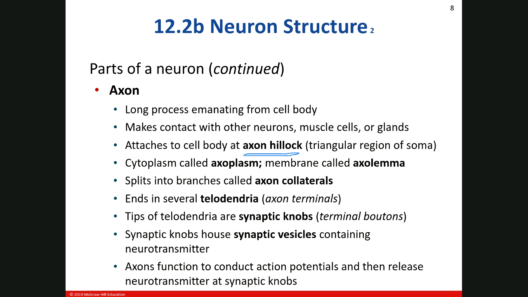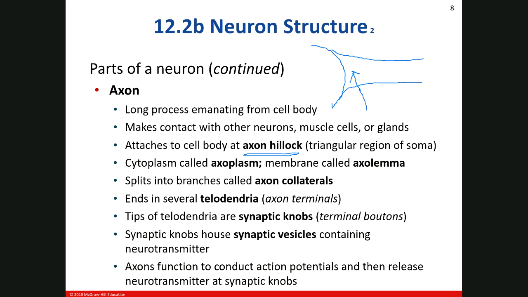So here's your cell body, and then this triangular portion where the cell body starts to taper down into the axon, that space right here, that's the axon hillock. This is very important. The axon hillock is where we start an action potential. You need to know that. It's called the initial segment.